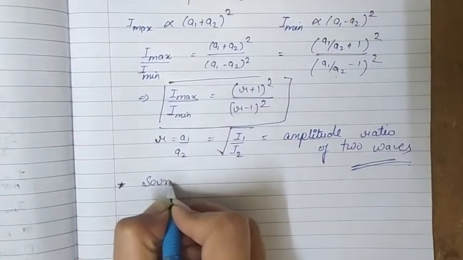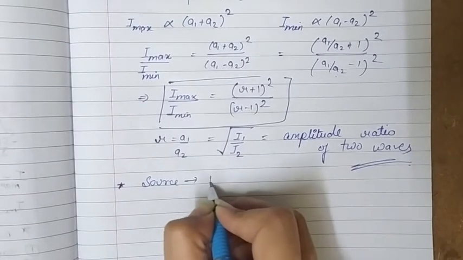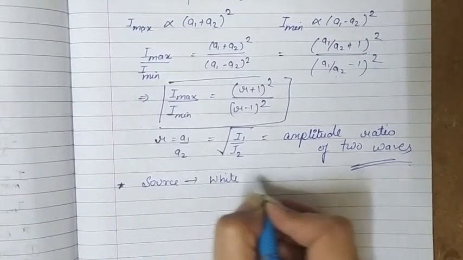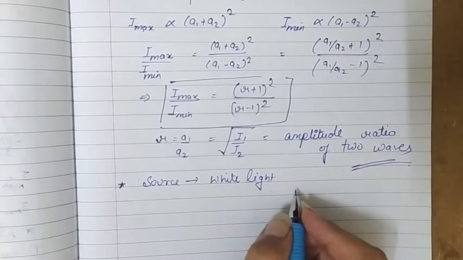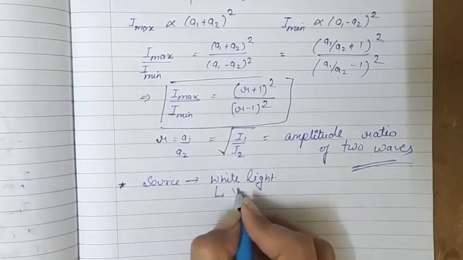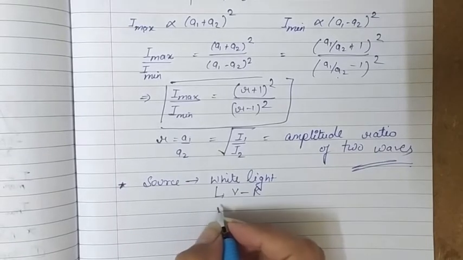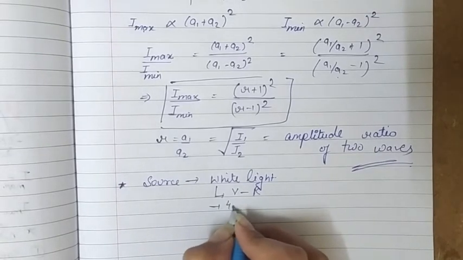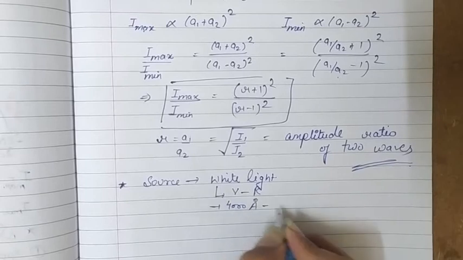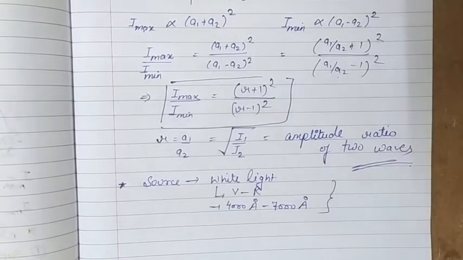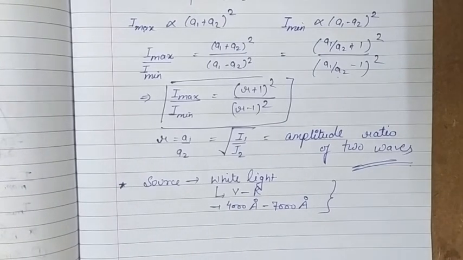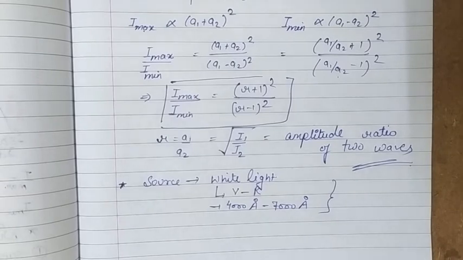White light comprises all the 7 colors, from violet to red, and the wavelength varies in the range 4000 angstrom to 7000 angstrom. This is the condition for white light.